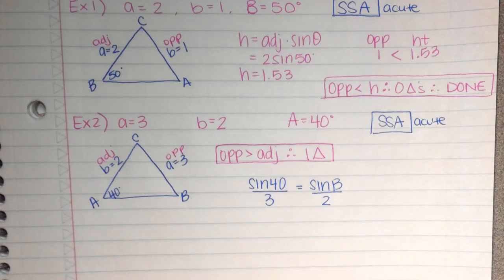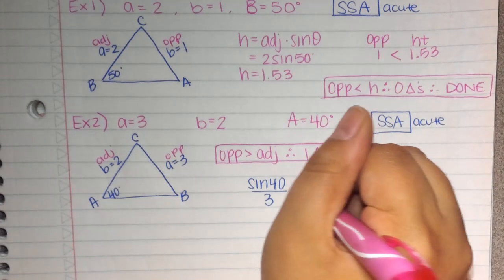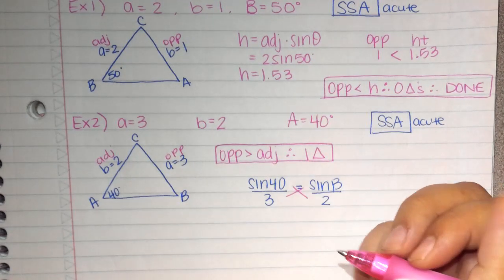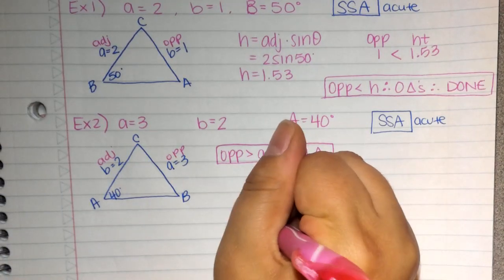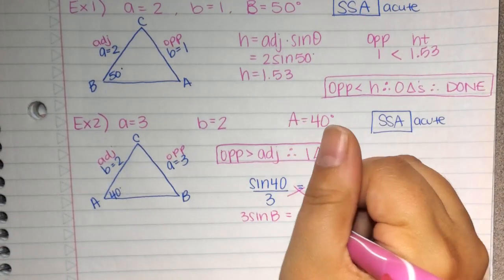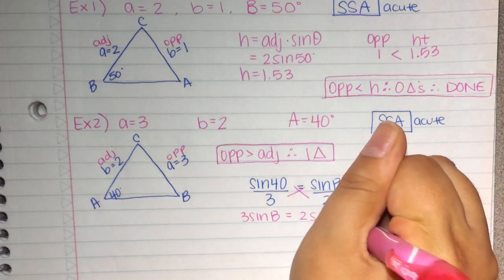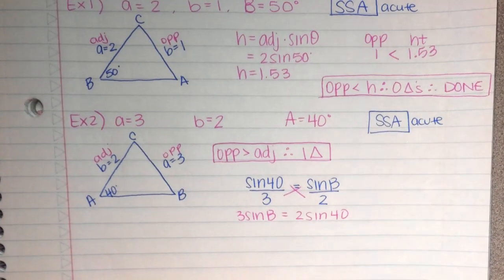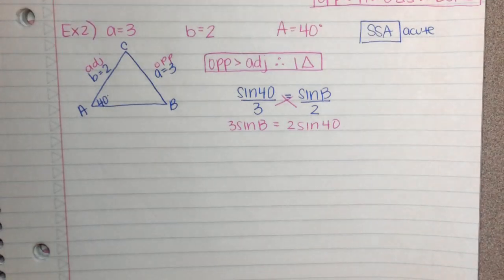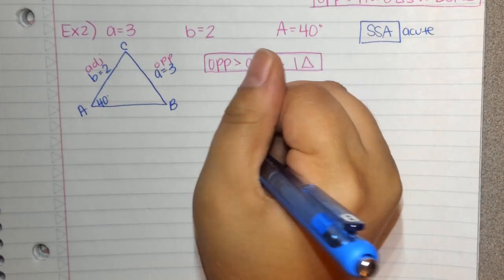What are we going to do now? Cross multiply. So that is going to give me 3 sine of big B. Oh, this is different than what we did yesterday. How am I going to get B by itself? This is no longer a side. It's no longer going to be as easy. Divide by 3.